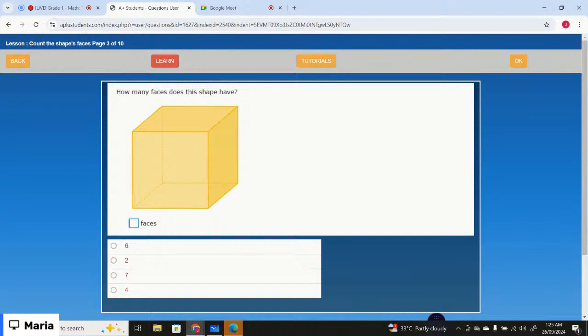How many faces does this shape have? The shape has six faces. Option number one is the correct option. The shape has six faces.